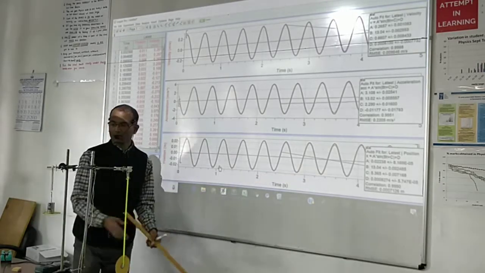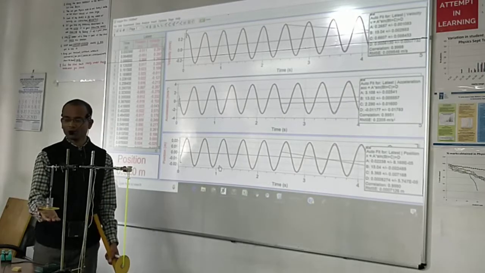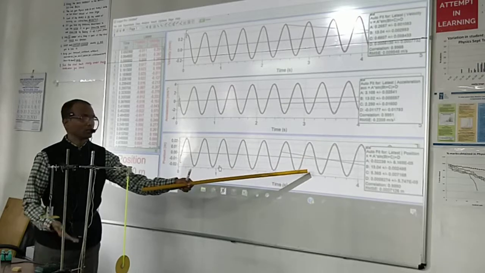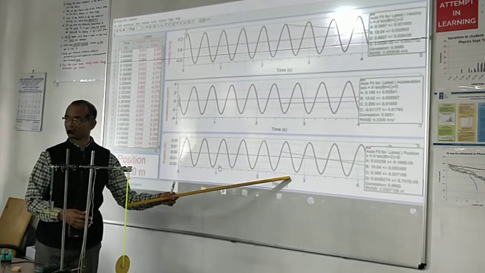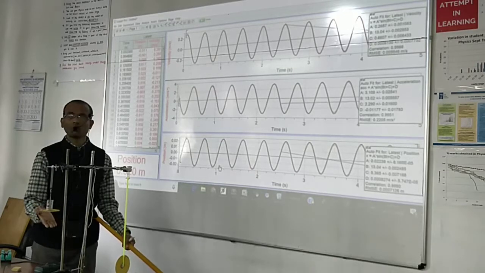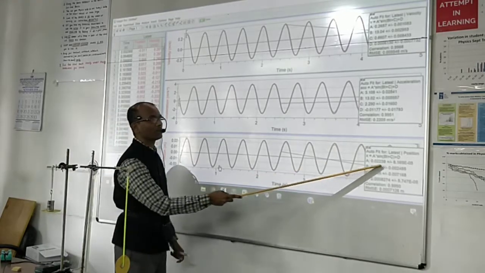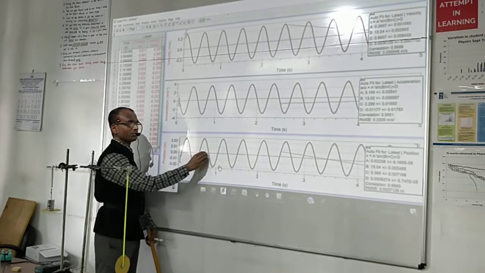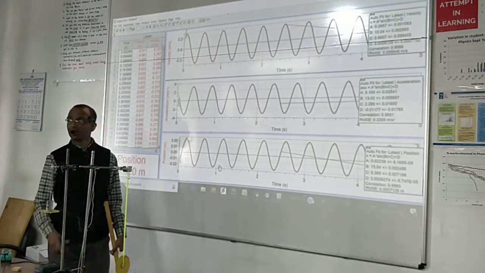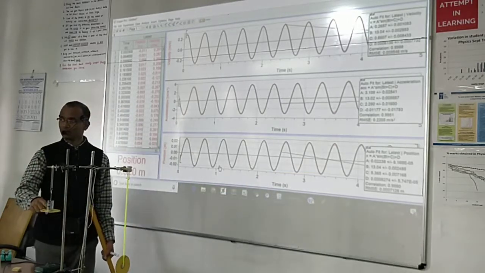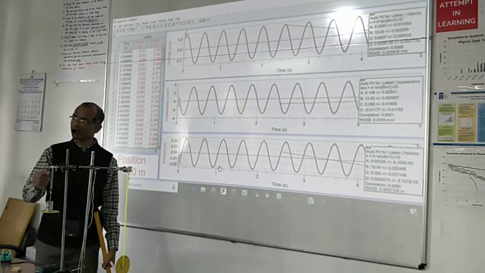If I now repeat the same thing with a bigger amplitude, then in my fit this amplitude value will change. But will the periodicity change? Which constant is capturing the periodicity, that is, how much time it takes to repeat its pattern? B. In one cycle, position, velocity and acceleration everything repeats its value.